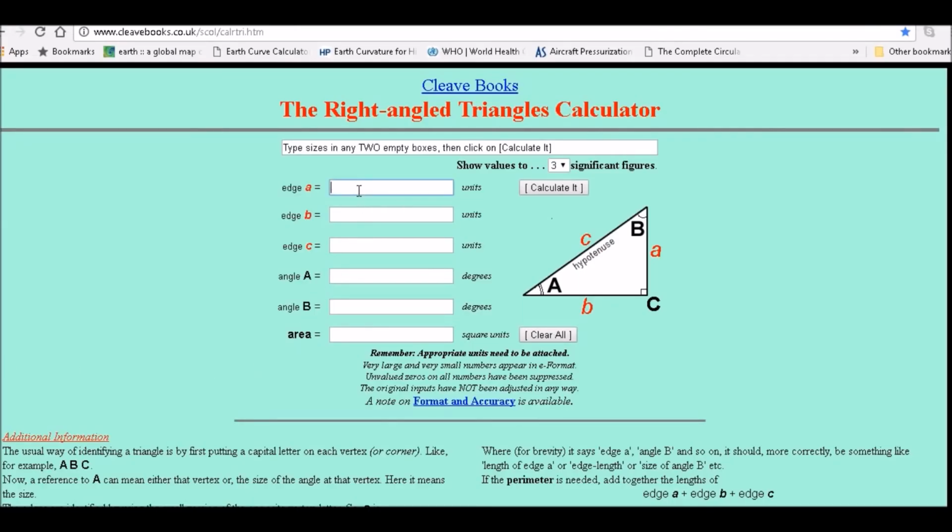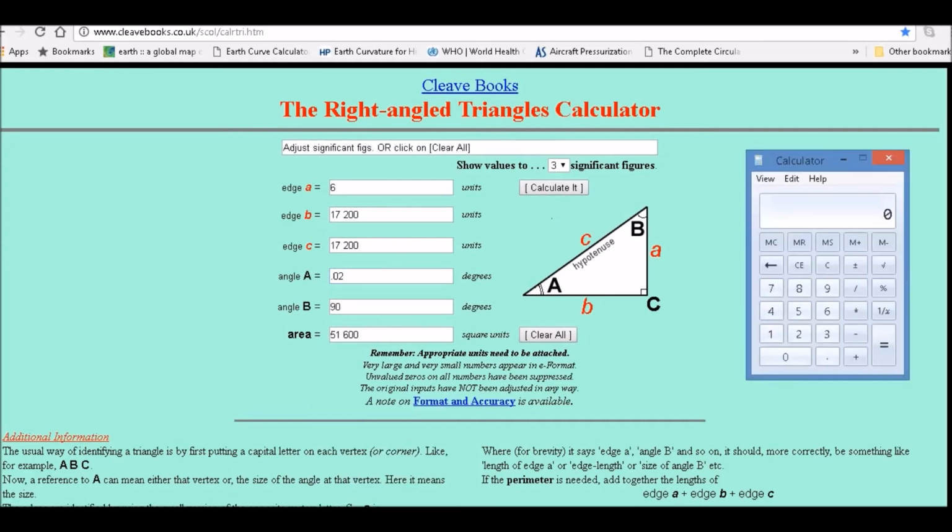We put in 6 for side A and then 0.02 for angle A, which is our angular resolution limit. And we come up with 17,200 for the base, and when we divide that by 5,280 feet per mile, we get 3.25 miles. There it is.